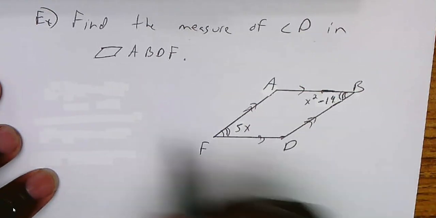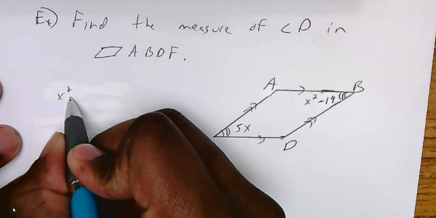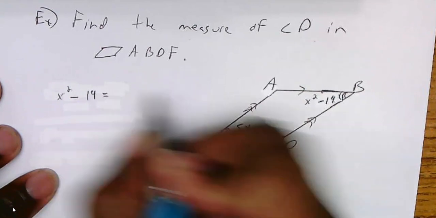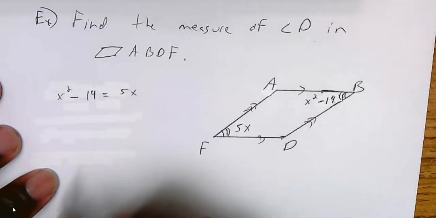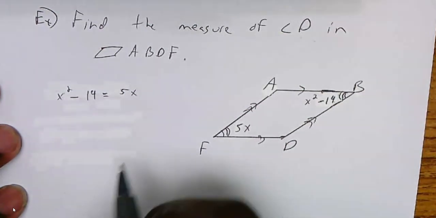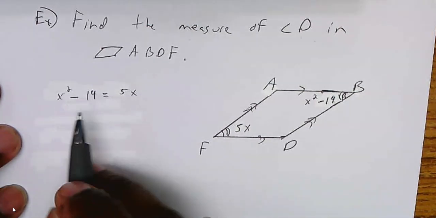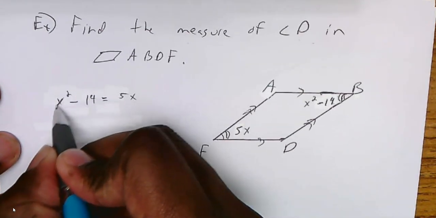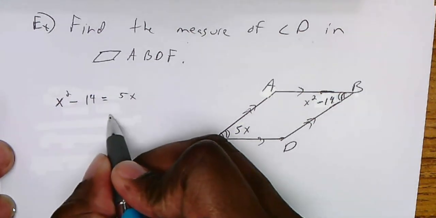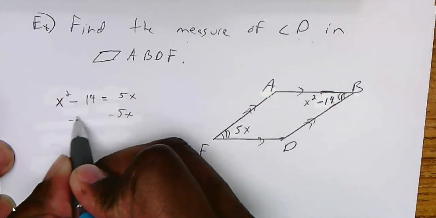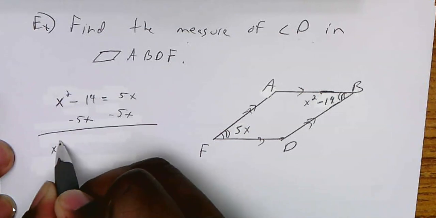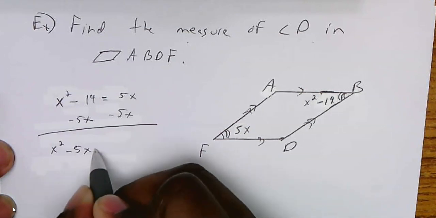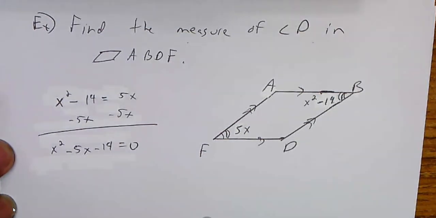So the equation would be x squared, take away 14, equals 5x. So to finish solving, this is a quadratic equation. So you need to either factor or use the quadratic formula. So I can subtract 5x from both sides. I'll get x squared, take away 5x, take away 14 equals 0.